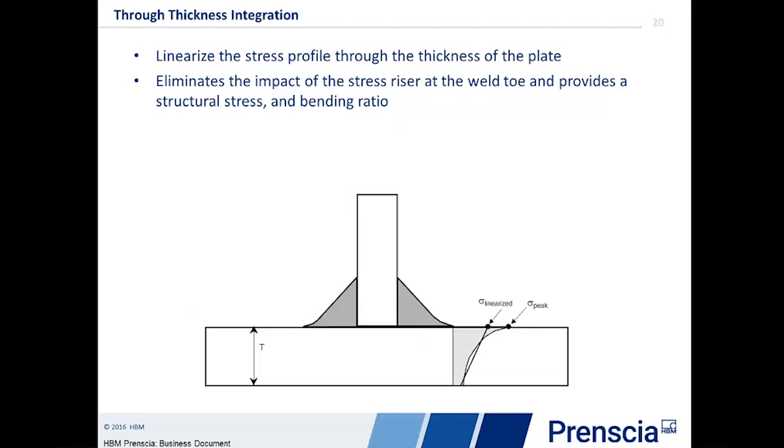Again, the goal is to predict a stress at the weld toe without the weld toe being there. So we're removing the nonlinearity at the weld toe and looking only at the structural stress. And again, this approach, like the nodal force approach, gives us not only the stress at the critical location, but also information about the bending ratio, or what kind of loading has caused the stresses.